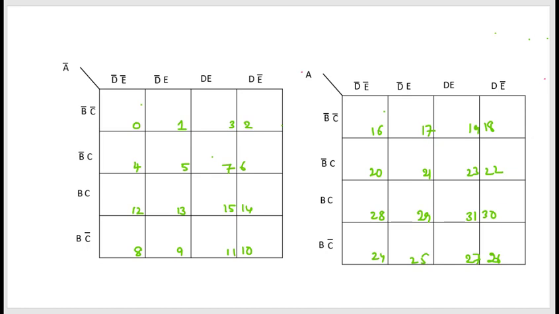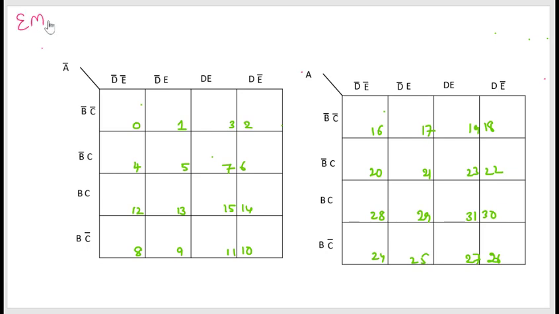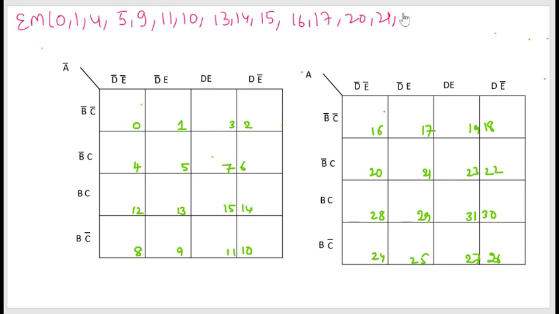Now let us take one more example. Sigma m 0, 1, 4, 5, 9, 11, 10, 13, 14, 15, 16, 17, 20, 21, 25, 26, 27, 29, 30 and 31.